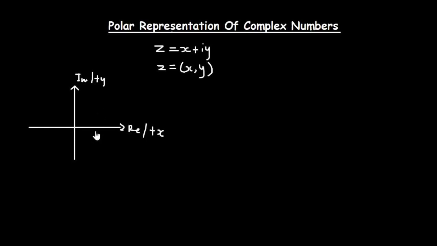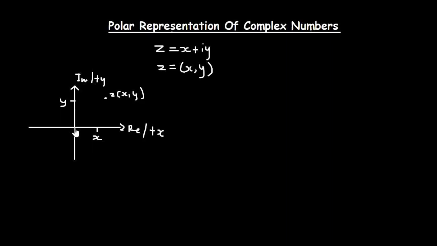Let's say this is the x value and this is the y value. When I plot z, let's consider z to be somewhere here. So this is z. That's the plot of z. With this plot of z, you can find the modulus and the argument.